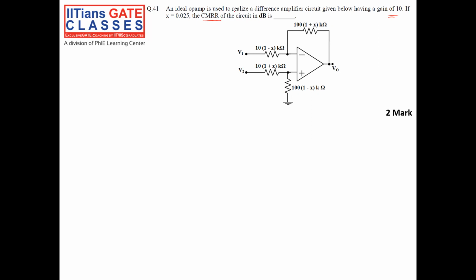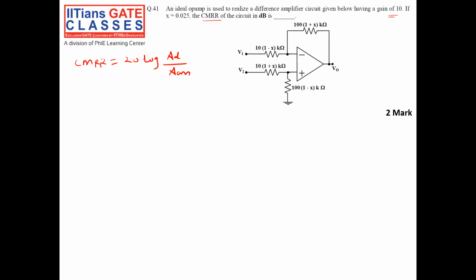CMRR is 20 log differential gain by common mode gain, right? So the thing is how to calculate differential gain and common mode gain.